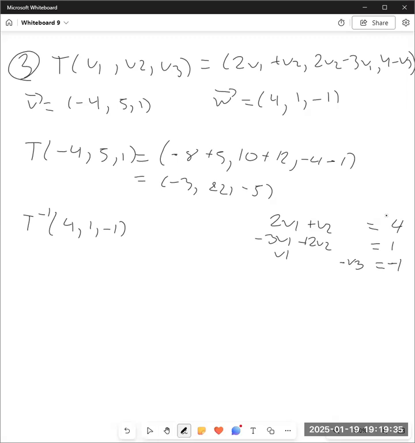So I would like to use these two here to solve for V1 and V2 first, multiplying the first equation by -2. I have -4V1 minus 2V2 equals -8. -3V1 plus 2V2 is equal to 1.